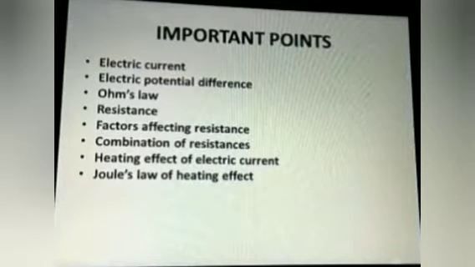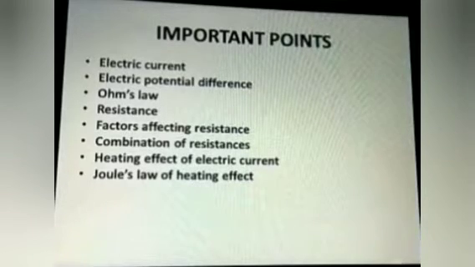Joule's law of heating effect states that the heat developed in a conductor is directly proportional to the square of the current flowing through the conductor, the resistance of the conductor, and the time for which the current flows. That is, H is equal to I square RT.